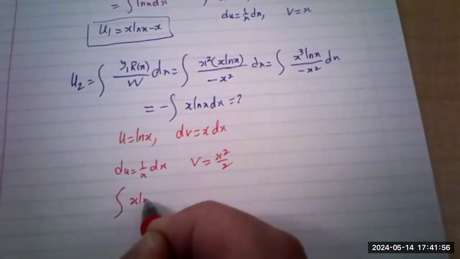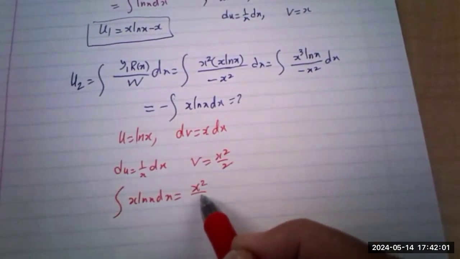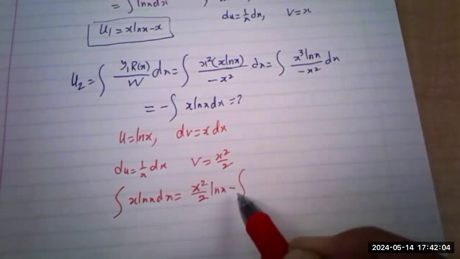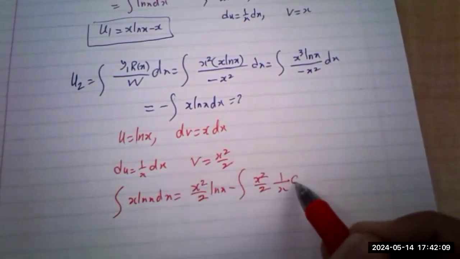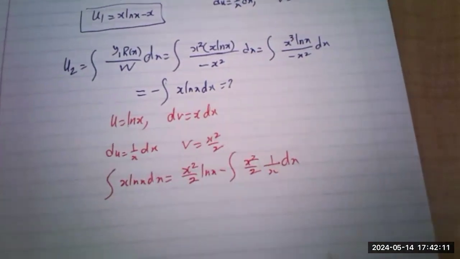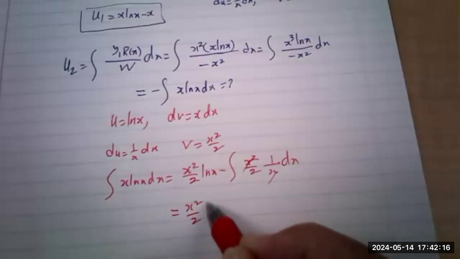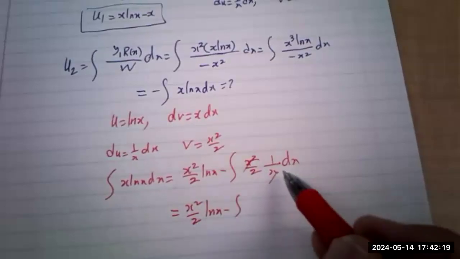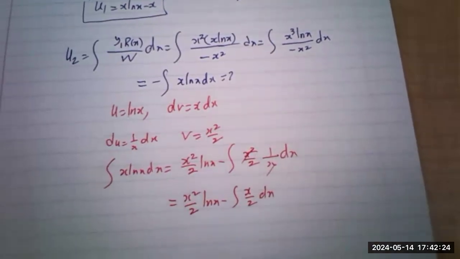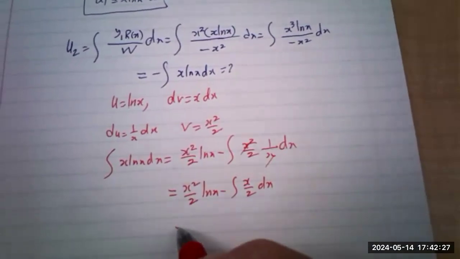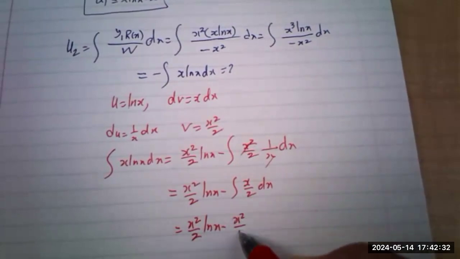That gives x ln x dx equal to uv, which is x squared over 2 ln x, minus the integral of v du, x squared over 2 times 1 over x dx. This x and x cancel out. So that gives x squared over 2 ln x minus the integral of x over 2, which is x squared over 4. So x squared over 2 ln x minus x squared over 4.